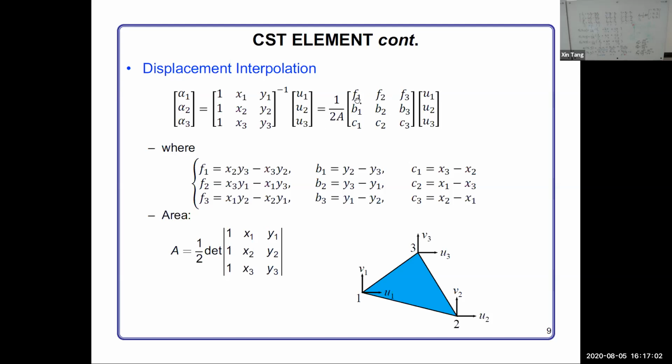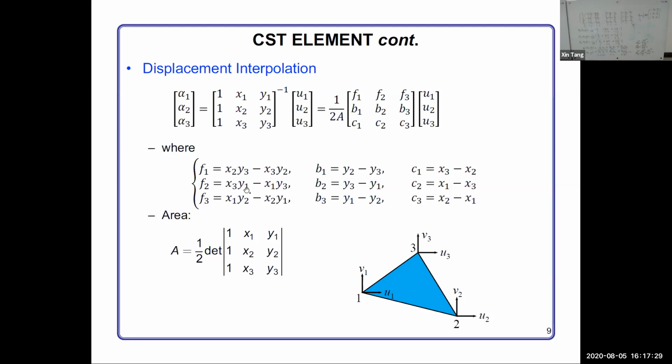Now, here this F in FBC, F is not false, okay? F is just a symbol. FBC are the simplified versions. They represent a special combination of the coordinates of the 3 points. F1 equals this term, F2 equals this term, F3 equals this term.